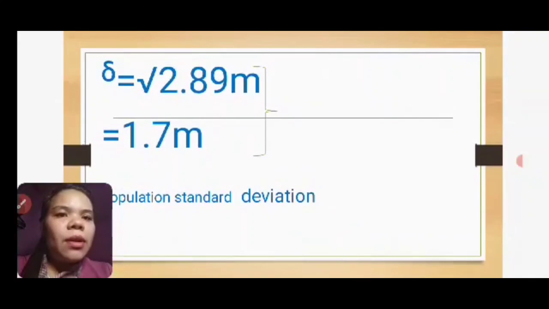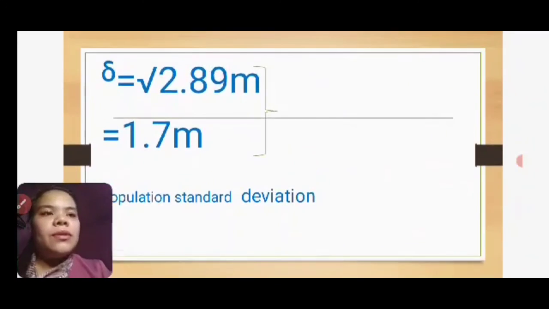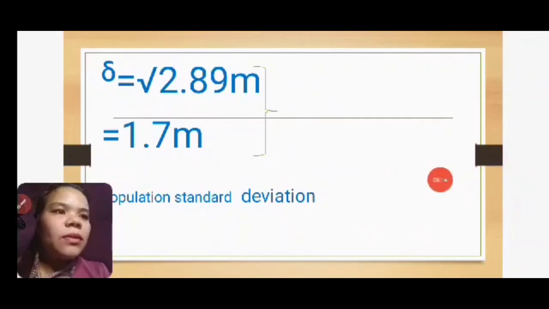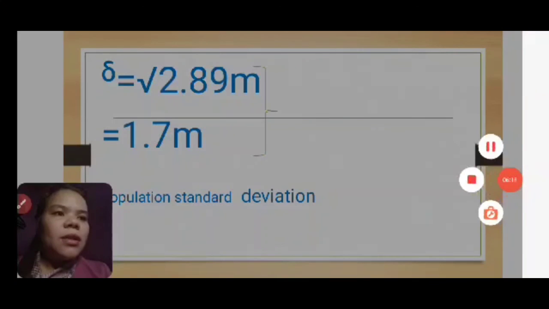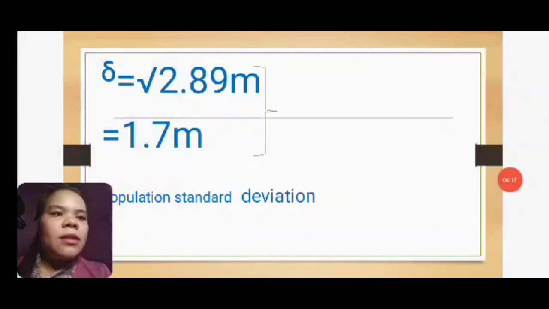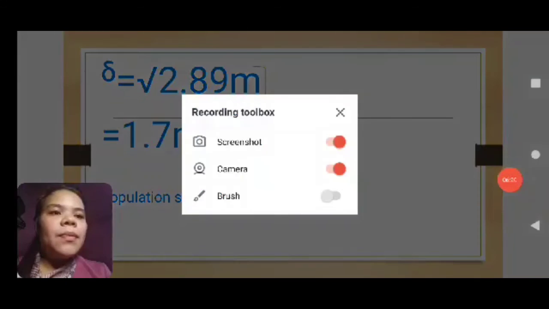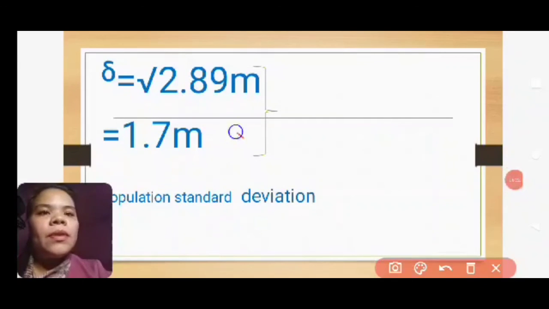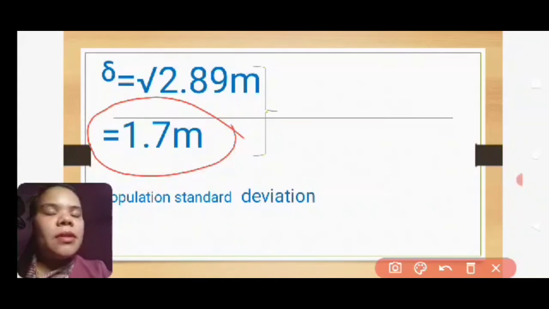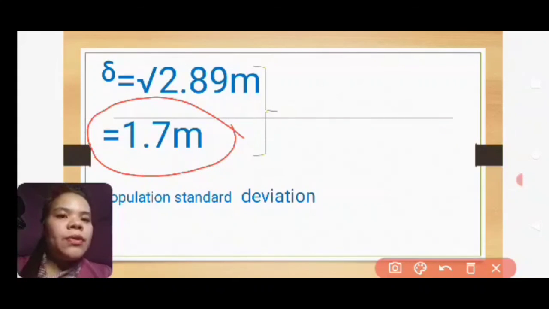So, the answer is 1.7 m, which is the population standard deviation. So, this is the answer for population standard deviation.